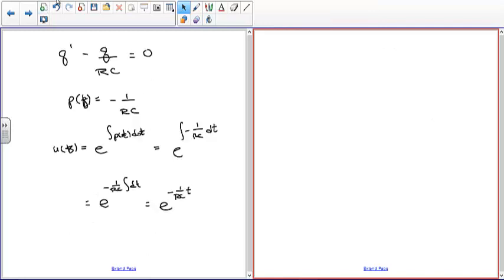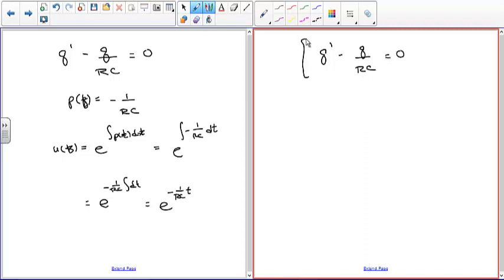So we're going to take this equation and multiply by the integrating factor, which is e to the minus 1 over RC times t.